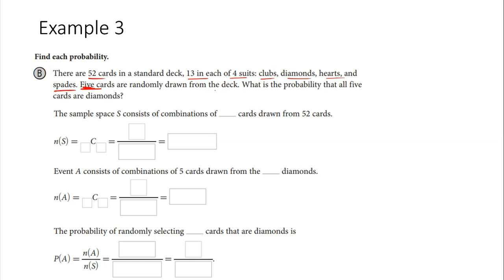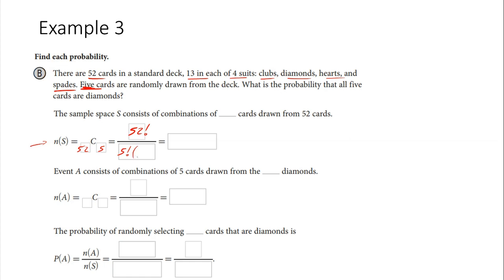So let's talk about this real quick. We have 52 cards, so that's our sample space, and we're choosing 5. So that's going to be 52 factorial. And again, order doesn't matter here, so there are different combinations that can happen.